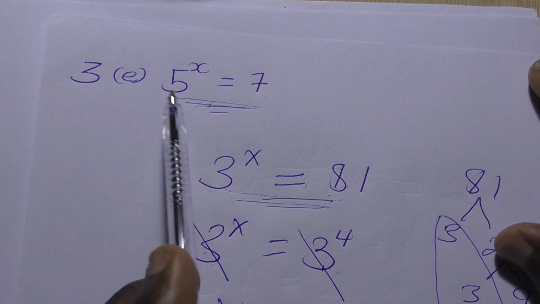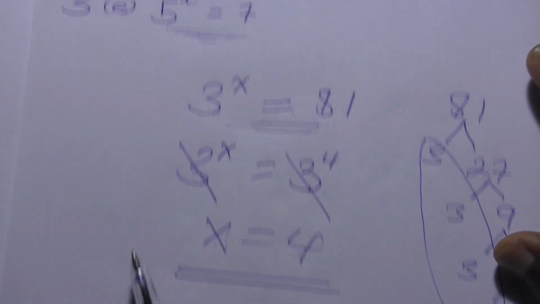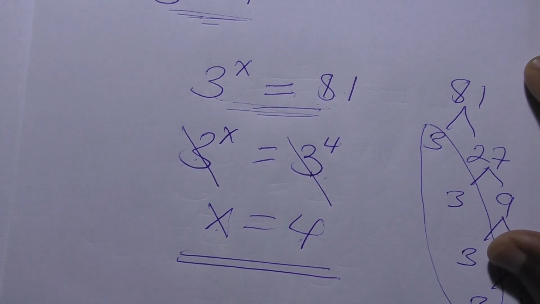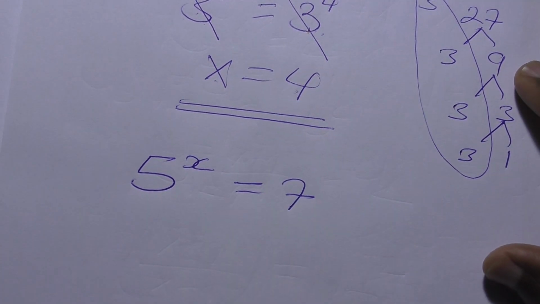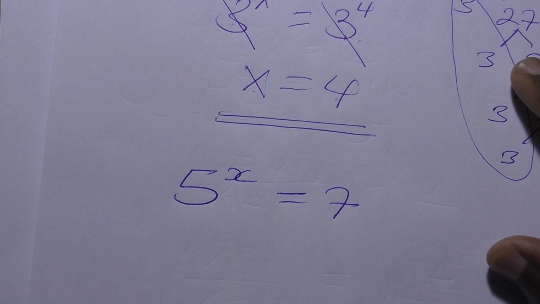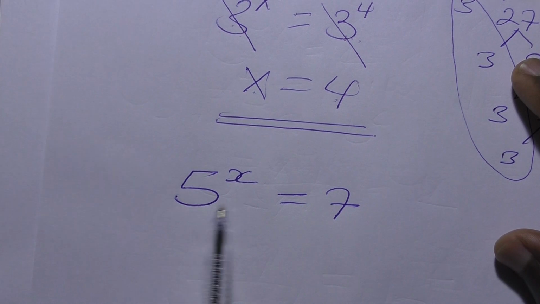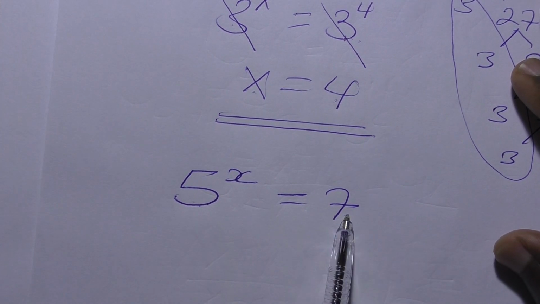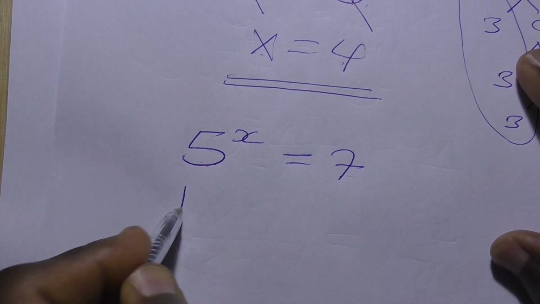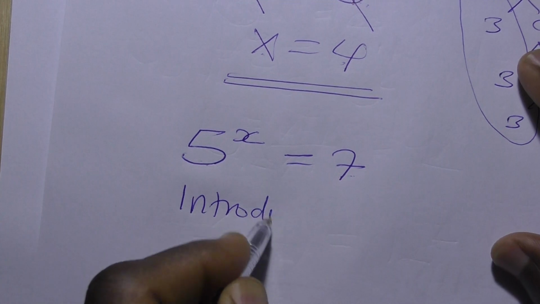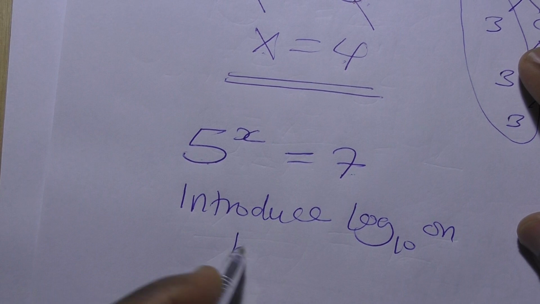So where it cannot be done, then we can apply logarithms. That is to say, our number is 5 power x equaling to 7. So we cannot use indices in this, simply because we cannot express these ones in terms of the same base. So we shall introduce log base 10 on both sides.